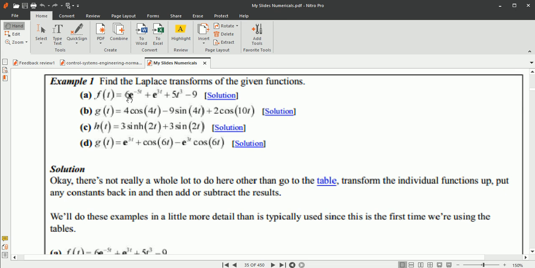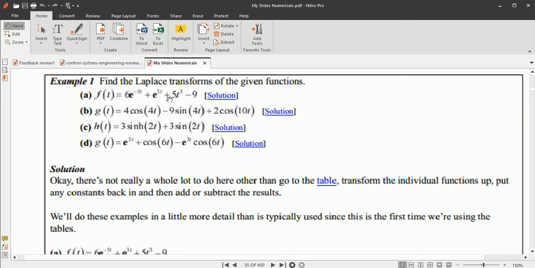1 over s, yes, good. 6 over s plus 5. Good, and we don't have any scalar here, we have 1.